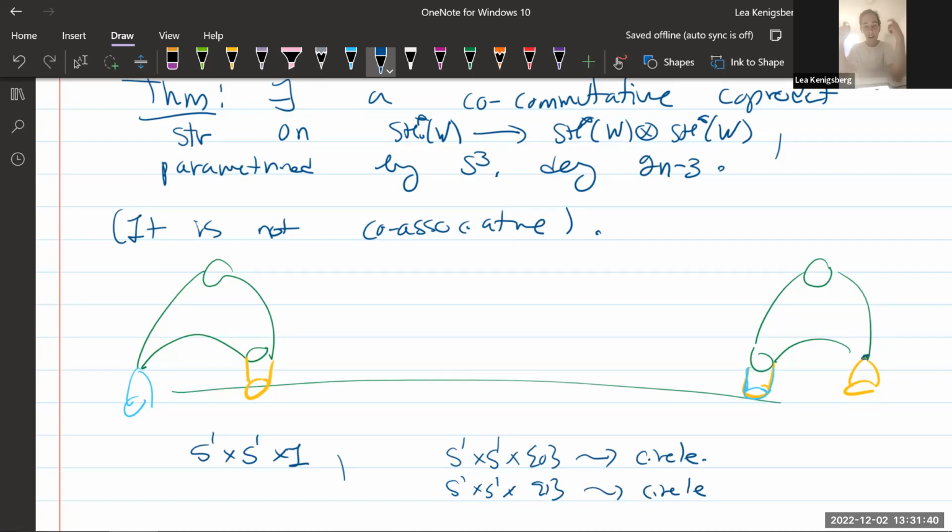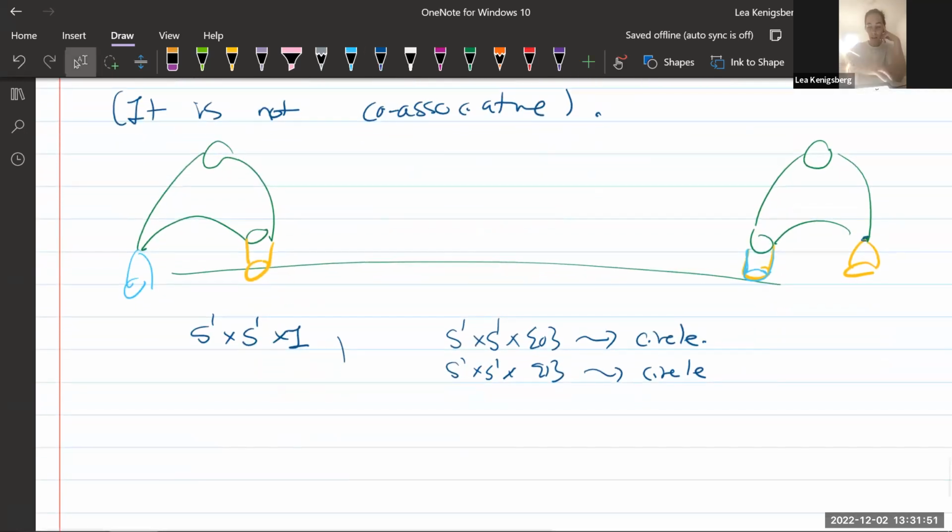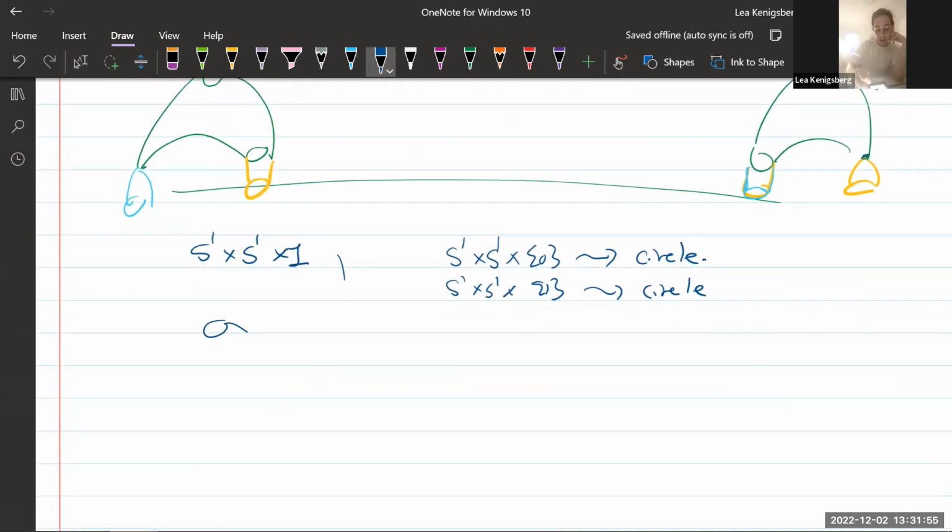Then you get an operation which is parameterized by S^3.